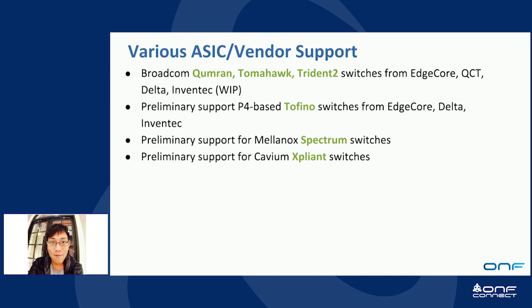We also support switches built from different switch vendors like EdgeCore, QCT, Delta, and we are actively working with Inventec to certify their devices. We have some preliminary support for P4-based Tofino switches. We also have many switch vendors like EdgeCore, Delta, Inventec. We have some preliminary support for the Mellanox Spectrum chip and also the Cavium XPliant chip.